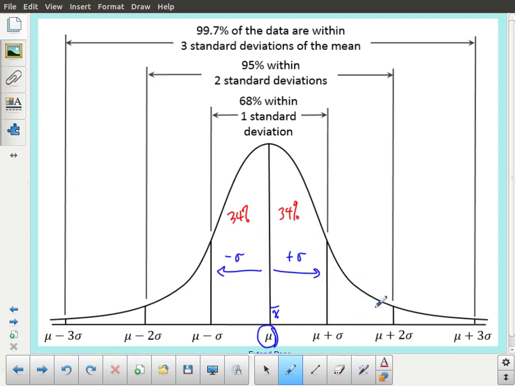Now, this next interval doesn't hold 34%. Obviously, it holds much less than this part of the graph. But the theory about normal curves tells us that within 2 standard deviations, you have 95% of all of the data. And within 3 standard deviations, you get to 99.7% of all data.